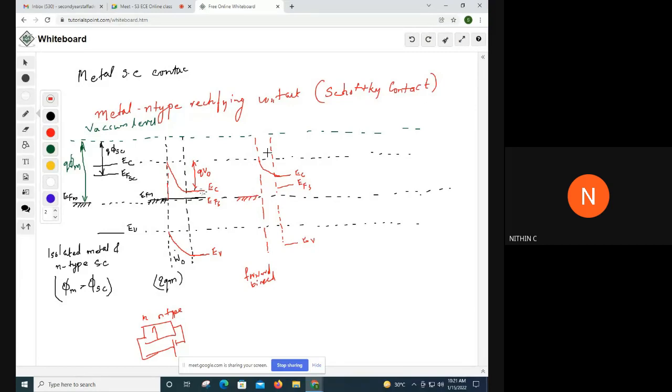It has to cross this energy barrier. That will not change in any biasing. In all the biasing cases it will remain the same.